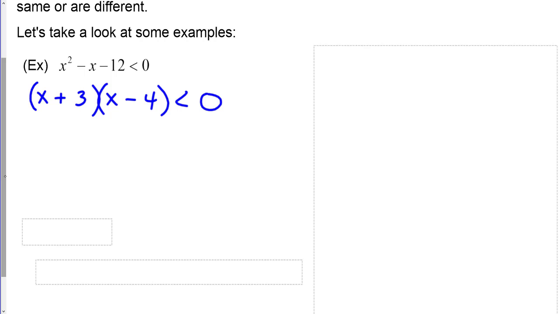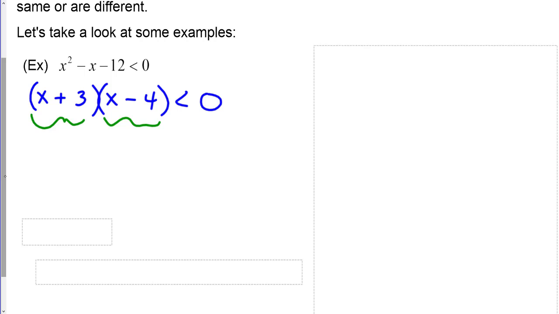Now, the issue here is determining where this statement is positive and where it's negative. I have two numbers. One number is coming from the factor x plus 3. The other number is coming from the factor x minus 4.